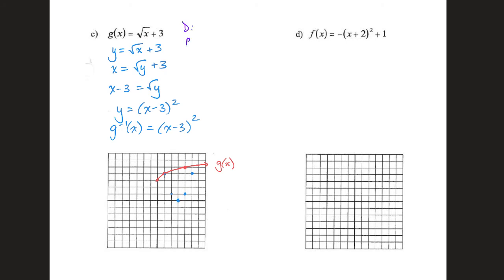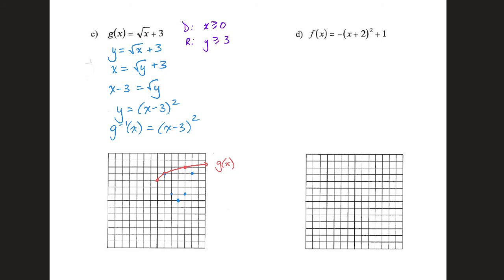So my domain and my range of my original graph. We should be good that our domain is x must be greater than or equal to 0. You see where the x is, or you're just looking at the picture. And our range is y must be greater than or equal to 3.